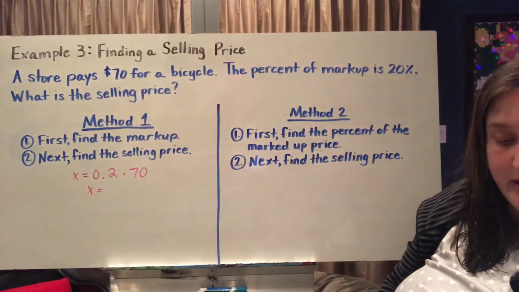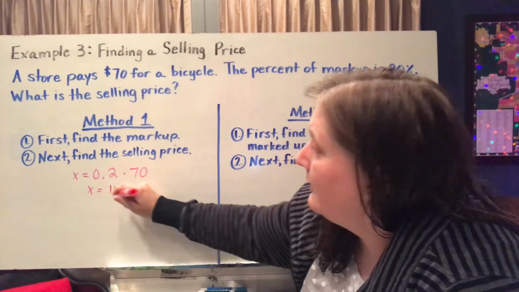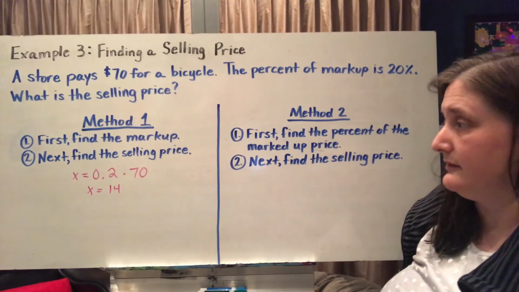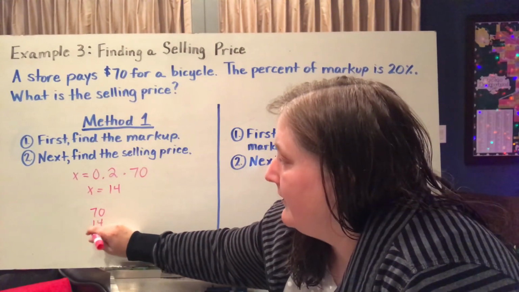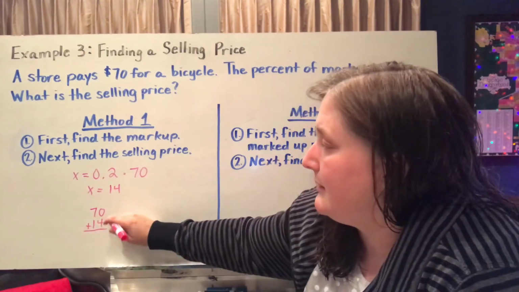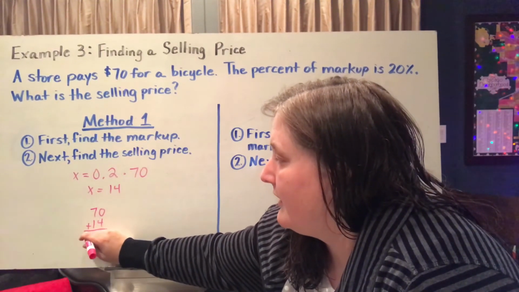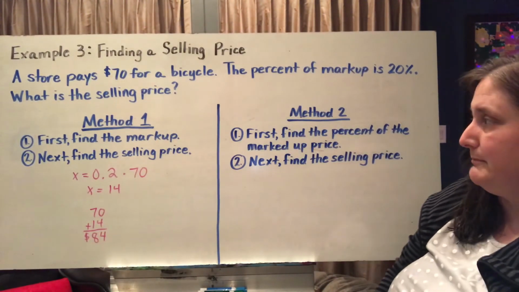And 20% of $70 is 14. So they're going to be marking it up, or adding $14 to the price. So now to figure out what they're going to charge for this bike, I'm going to take the original $70 they paid, add 14 to it, and they're going to charge their customers $84. So it'll be $84 if I want to purchase this bike.